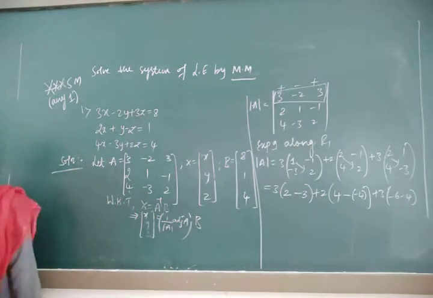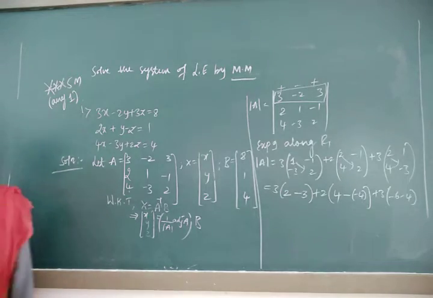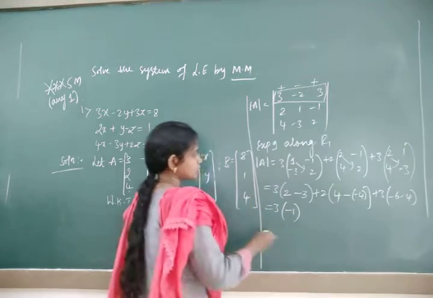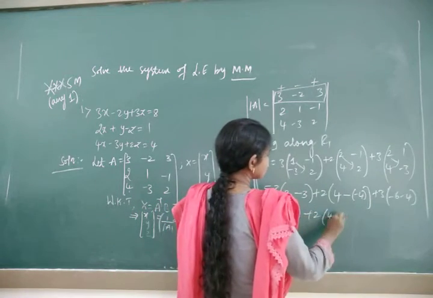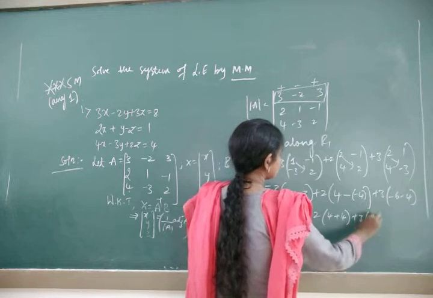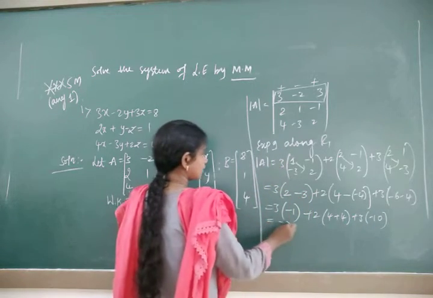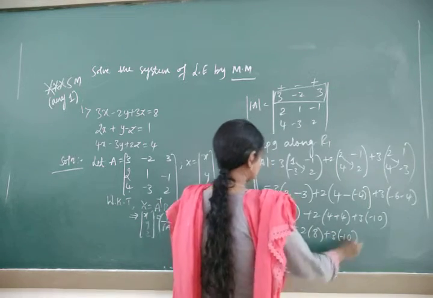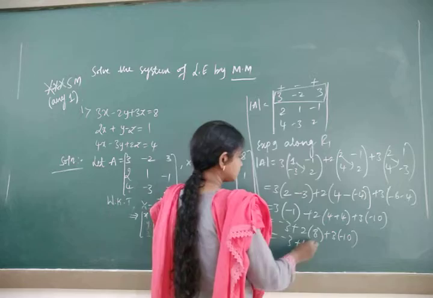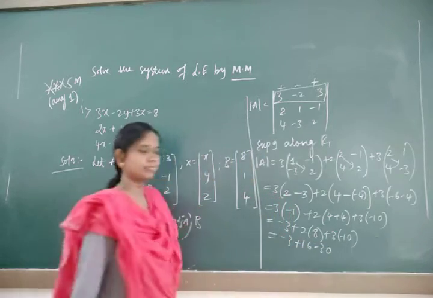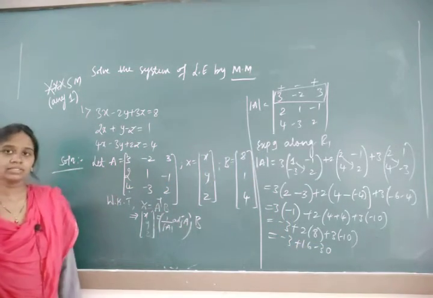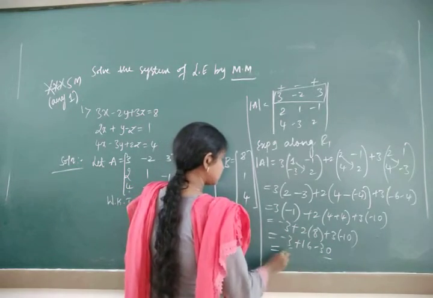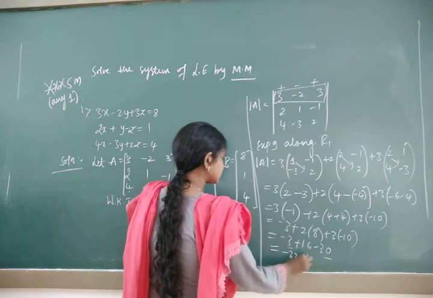Okay. Next you take about this one. Simplify. 3 of 2 minus 3 is minus 1, plus 2 of 4 plus 4, plus 3 of minus 10. So it's minus 3 plus 2 of 8 plus 3 of minus 10. So minus 3 plus 16 minus 30. So simplify, it's minus 3 minus 30, minus 33, plus 16.